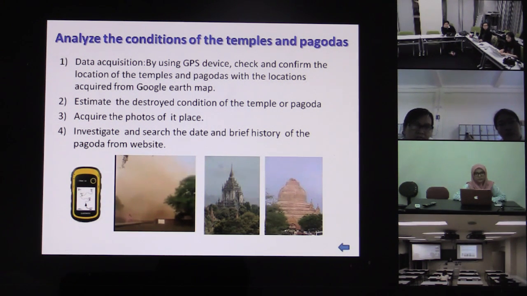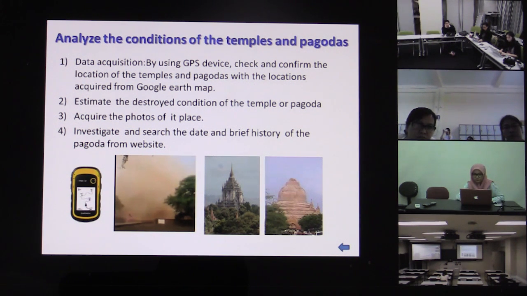There are two types of data acquisition: one is the pre-acquisition and the other is the fieldwork acquisition. The pre-acquisition uses Google Earth Map and the fieldwork acquisition uses the GPS device.